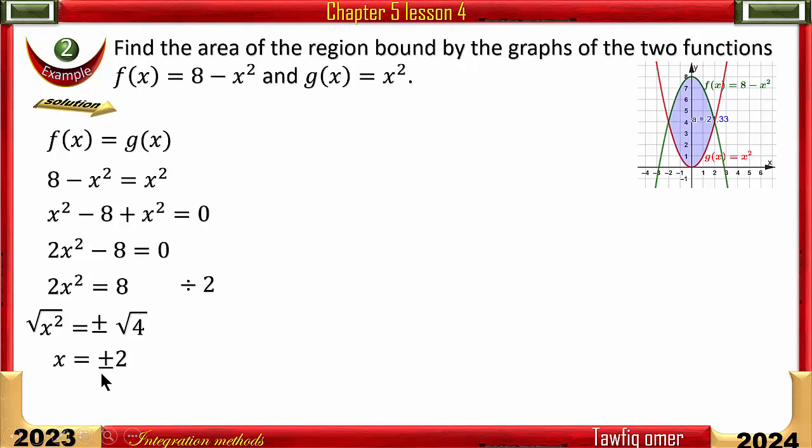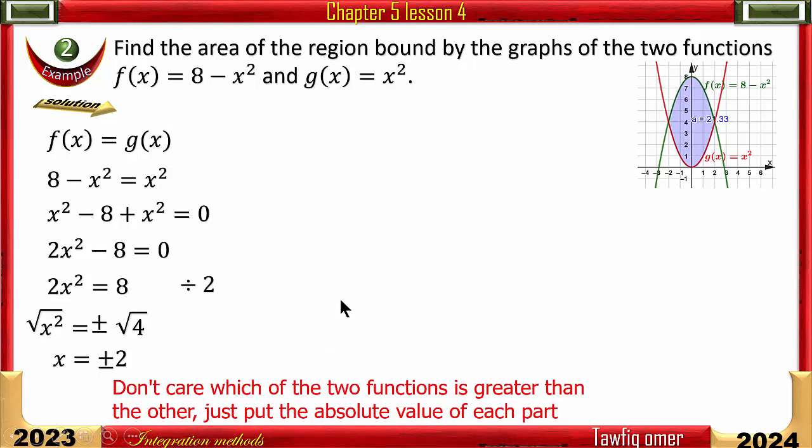So we have two values of x, minus 2 and plus 2. Because we don't have any interval in the example, we take the integration from x equals minus 2 to x equals 2.